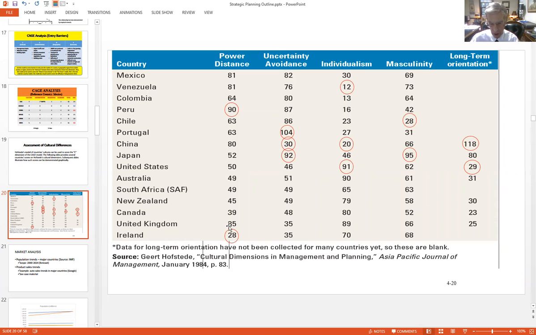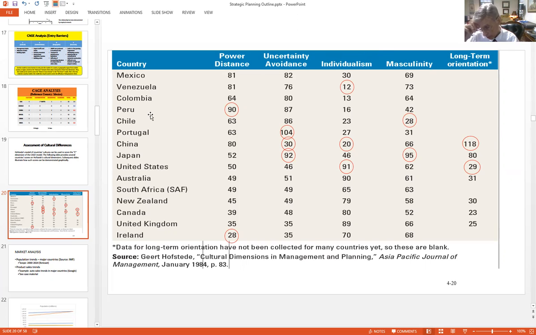Now, if you were to go to the Hofstede Institute, you would find perhaps an updated version of this chart. And you could get very good recent information about the strength of these cultural forces in countries throughout the world.